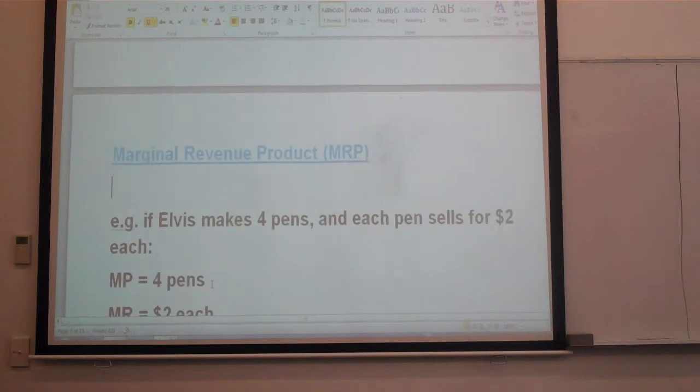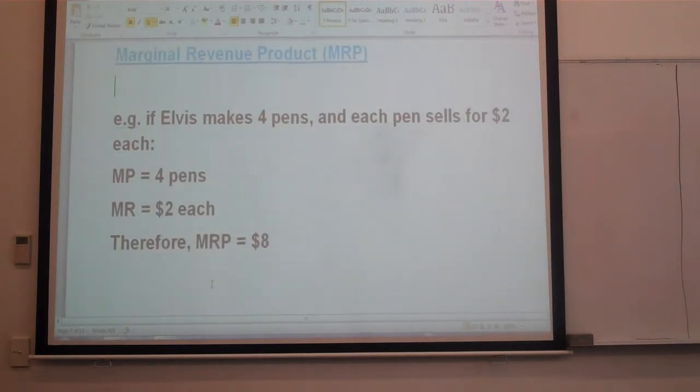What does the marginal revenue product of labor look like? Let's say a certain worker, Elvis, makes 4 pens, and each pen sells for $2. So the extra product, MP, the marginal product, is 4 pens. And the extra revenue from each pen, marginal revenue, is $2. Therefore, the value of what Elvis made is MR, $2, times how much he actually did make, 4.